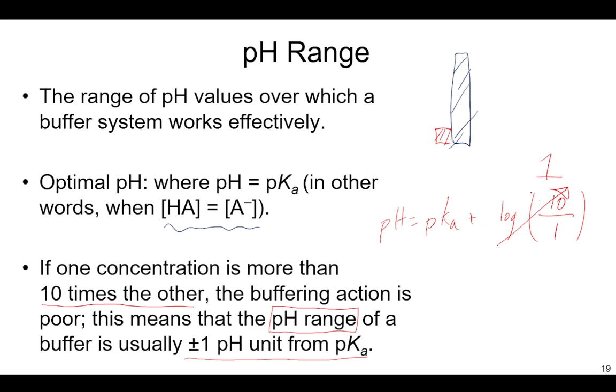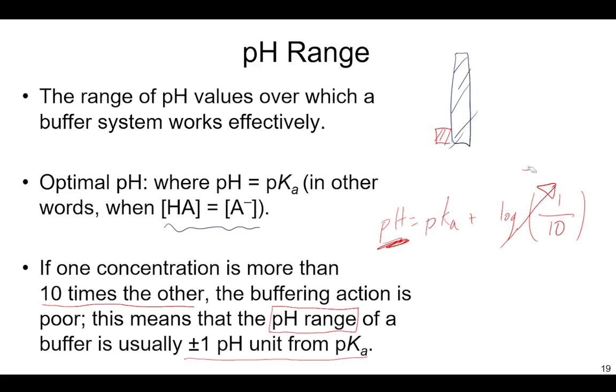And so this is plus 1. And if it was 10 to 1 in the other direction, this corresponds to minus 1. And so your pH will be going up or down by 1 in this swing of 10 times base to acid or 10 times acid to base.